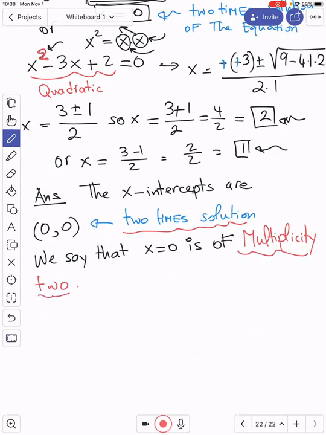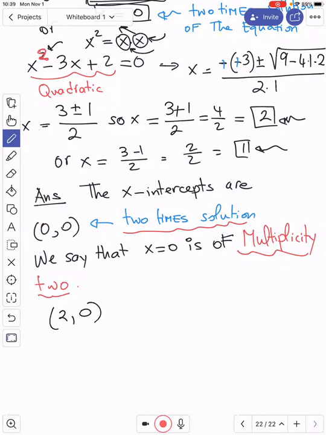All right. So we have the 0 first solution. We got the x equal to 2. So this is 2, 0, and of course, 2, 0 is just a 1 time solution.